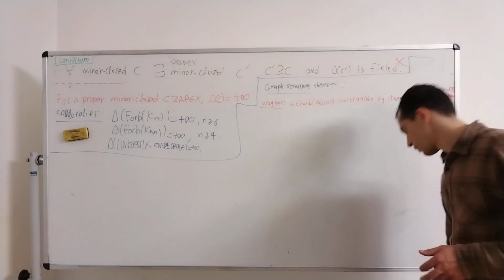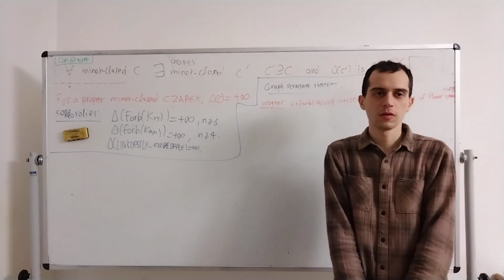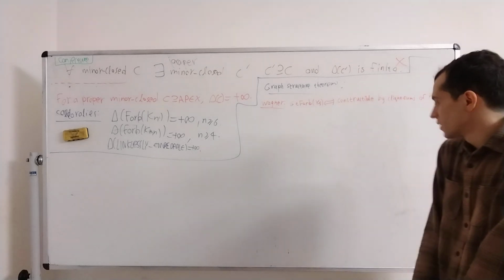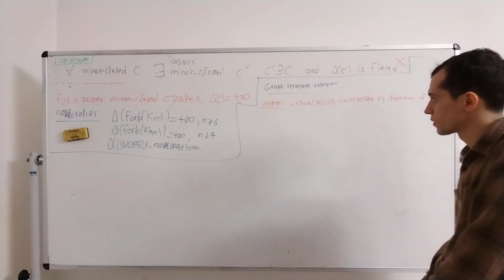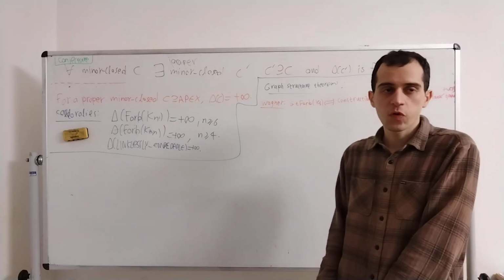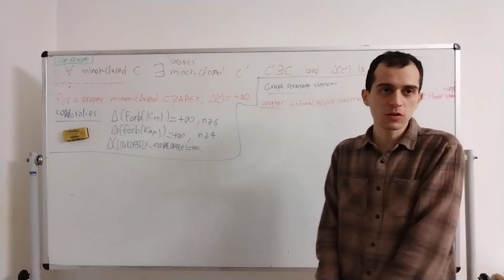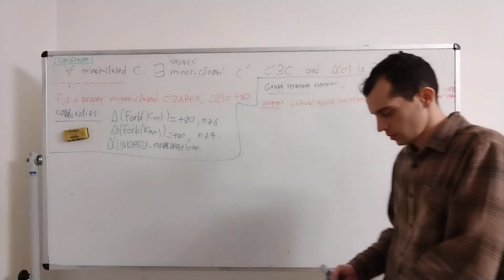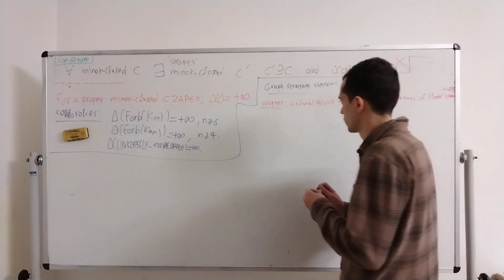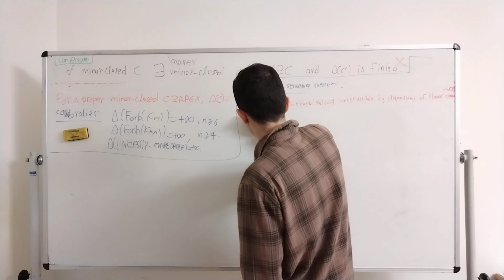Well, Robertson and Seymour said, look, it would be very nice if we could prove this for some class excluding some arbitrary minor, right?